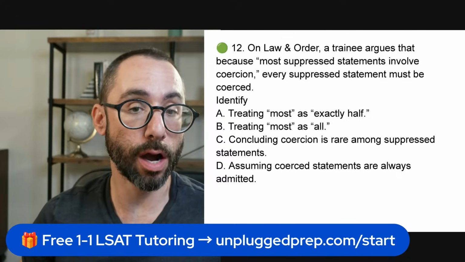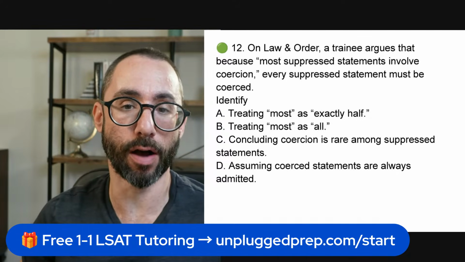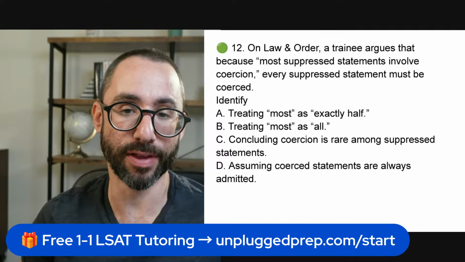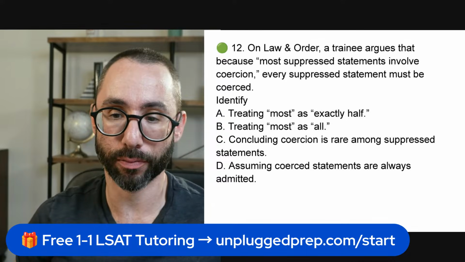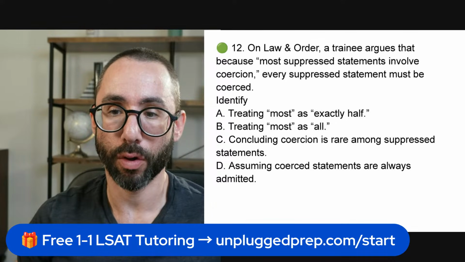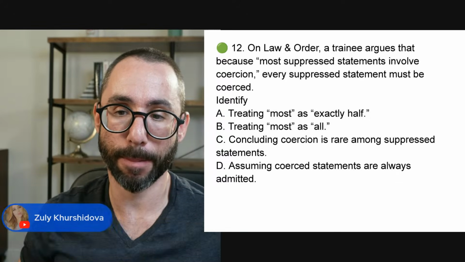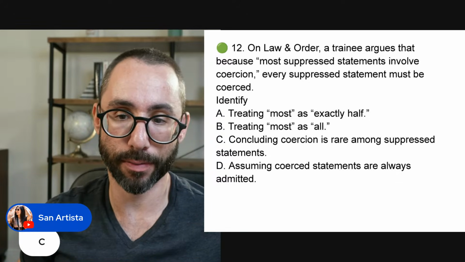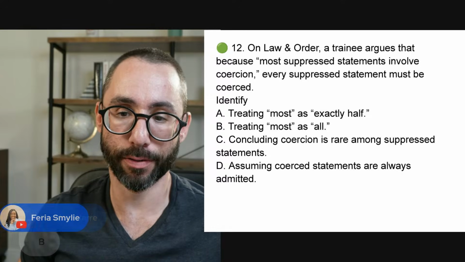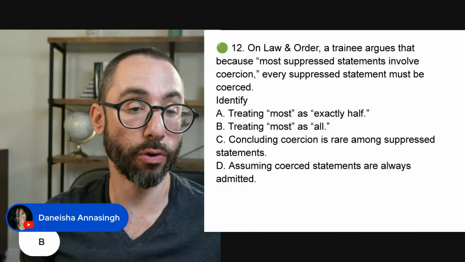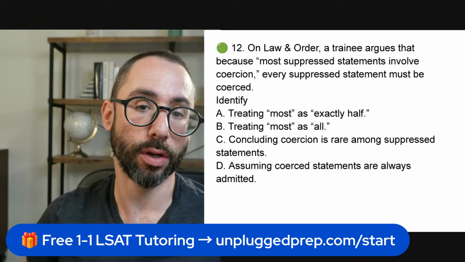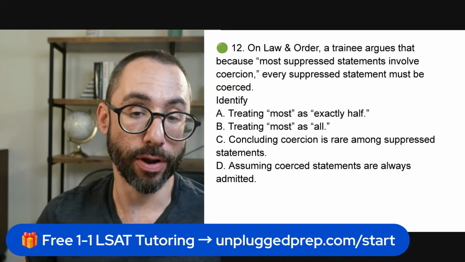So they're saying because most statements involve coercion, every suppressed statement must be coerced. We got a couple folks dropping answers here in the chat. Zuli says B. San Artista says C. Edward, Passion, Feria, Denisha, all saying choice B as in Bravo. The answer is in fact B as in Bravo.